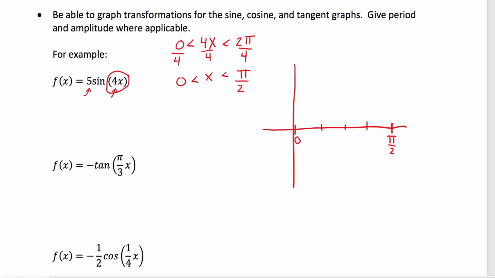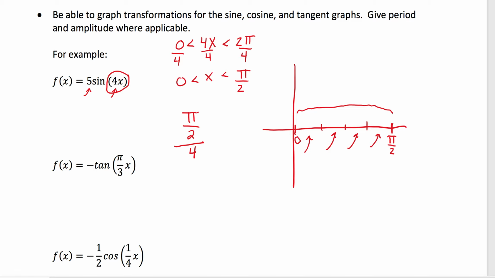Now, to determine the spacing on those tick marks, remember that you take the distance of the graph, so that's from here to here. The distance is pi over 2, and you are going to divide that distance by 4. The reason I'm dividing by 4 is because there are 4 sections: 1, 2, 3, 4.